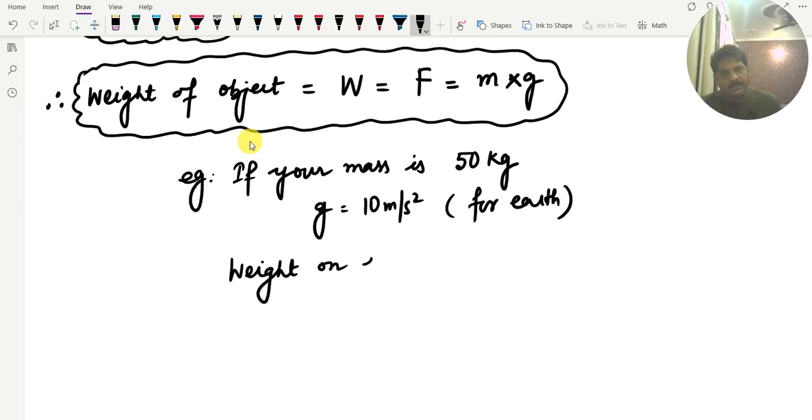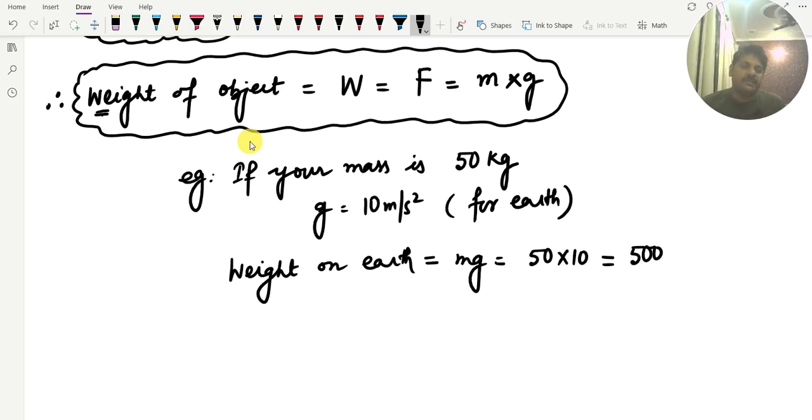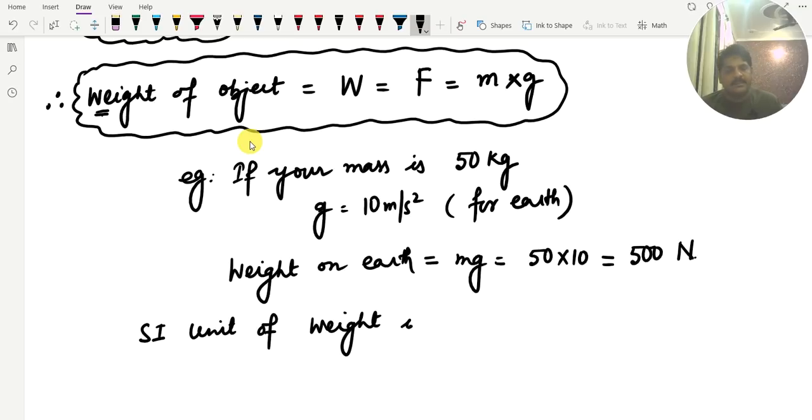Weight on earth would be equal to mg, and this is nothing but 50 into 10, which is 500. Now we are calculating the force of attraction, so the unit is Newton. So what is the SI unit of weight? SI unit of weight is Newton. So you have to remember this point also.